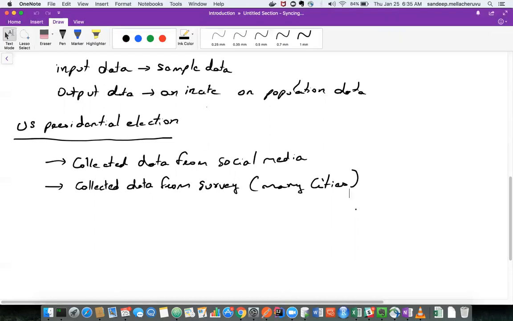The reason I am asking about the bias here is that all the statisticians said that Hillary Clinton would win, but to the surprise of many, Trump won. That happened because obviously there was some bias in the data, right?